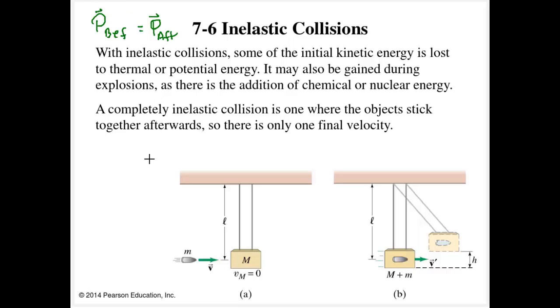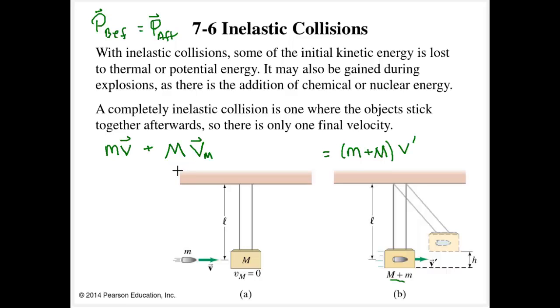If we consider the case of this ballistic pendulum, where we have a bullet going into a mass and then these two masses stick together, we would write the momentum of the system beforehand to be the mass of the bullet multiplied by the velocity of the bullet, in addition to the big mass M multiplied by the velocity of that big mass M. The momentum afterwards is simply going to be those two masses added together, as well as one final velocity, v prime.